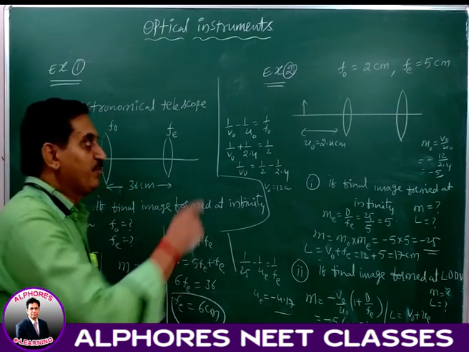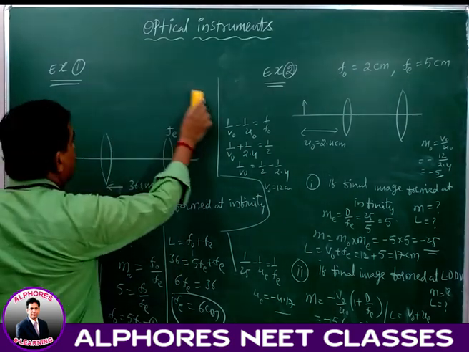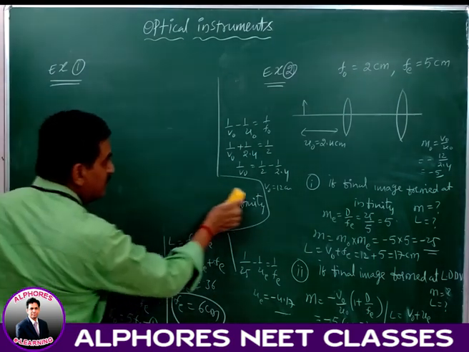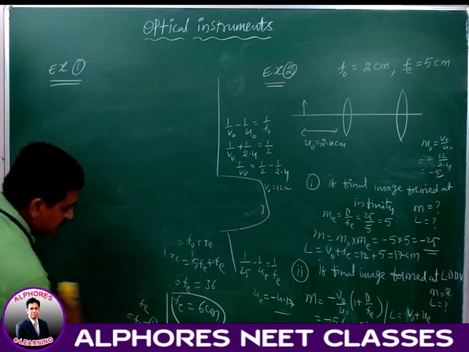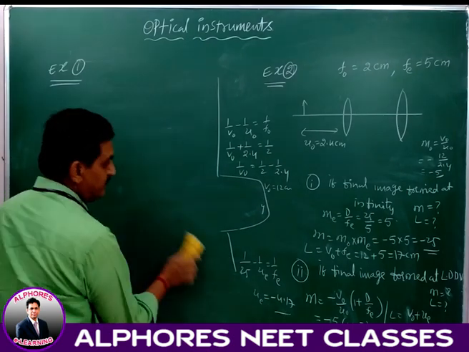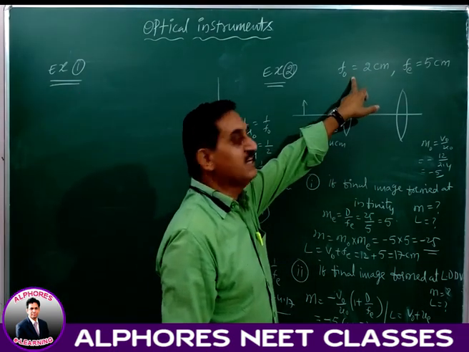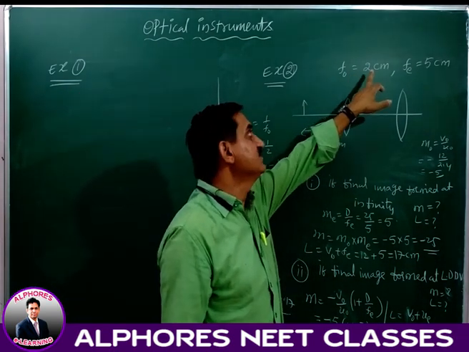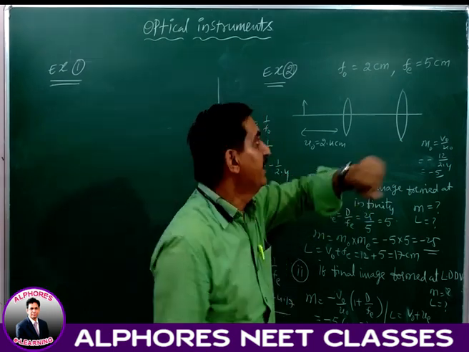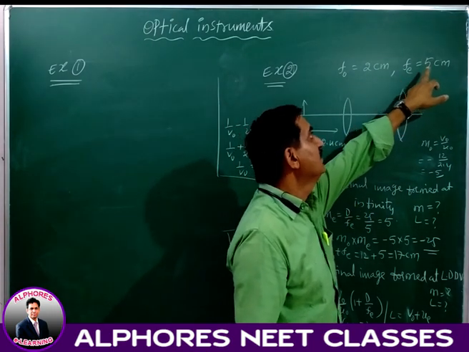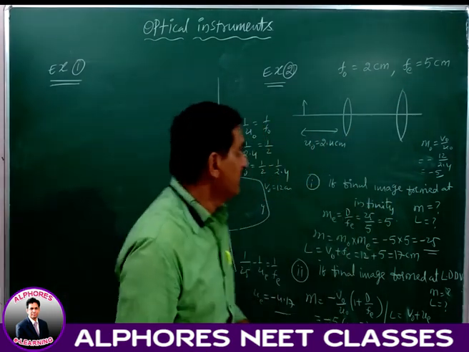Next, go for one more problem, that is the compound microscope. For the compound microscope, see here, f0 is given, the objective lens focal length is given, that is 2 centimeters, and the eyepiece, that is 5 centimeters, is given clearly.